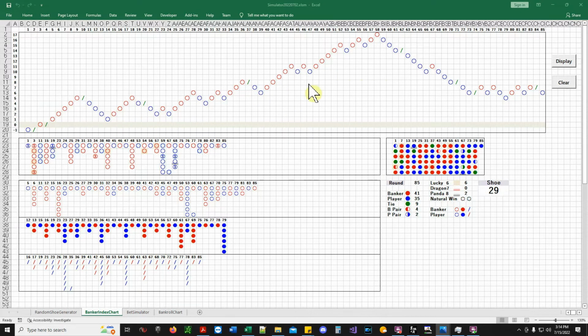This is a perfect picture right here. Look at this chart. Trend line going straight up. Beautiful play. Let's look at this.